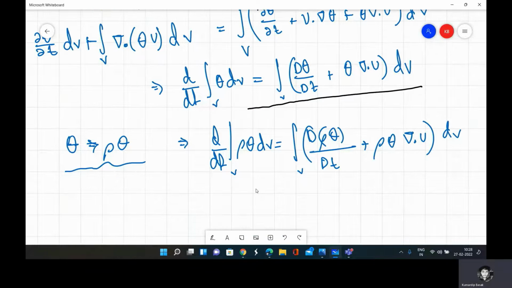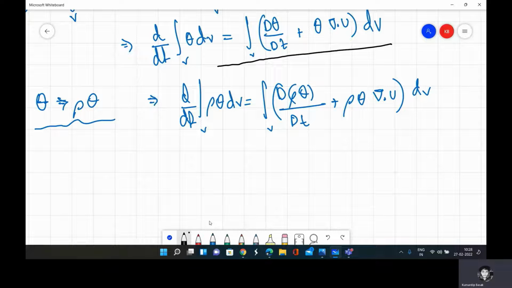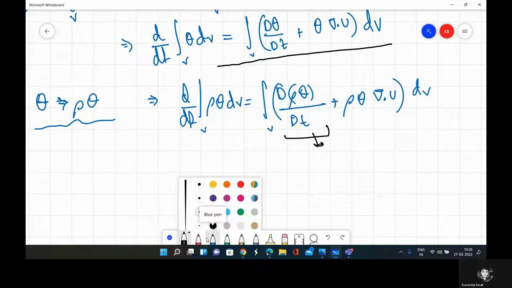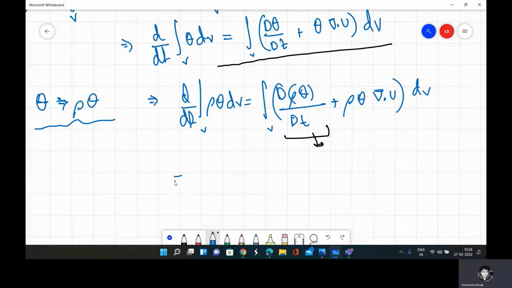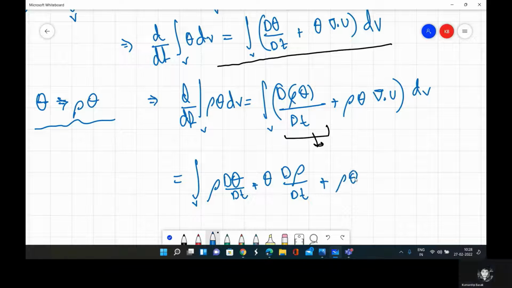Again, using the chain rule for this part and dissociating it, we can get equals volume integral rho d theta by dt plus theta d rho by dt plus rho theta grad dot u dV. Fine.